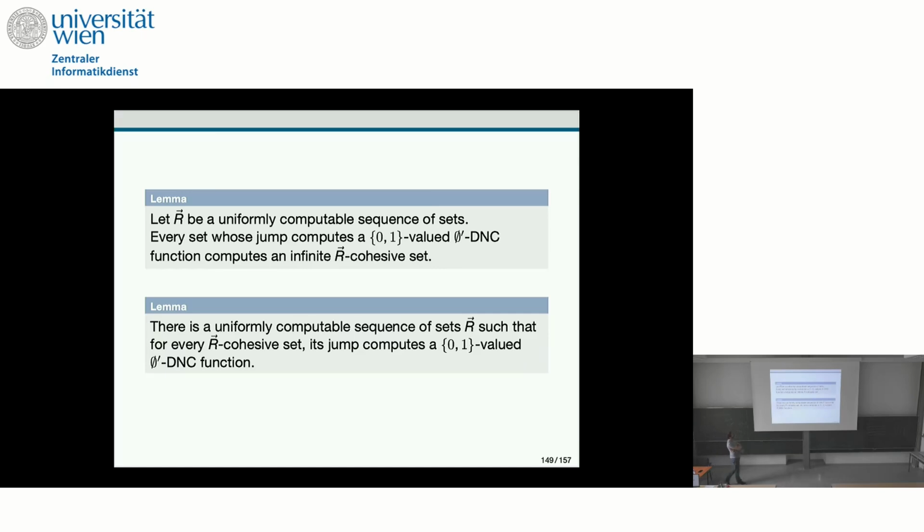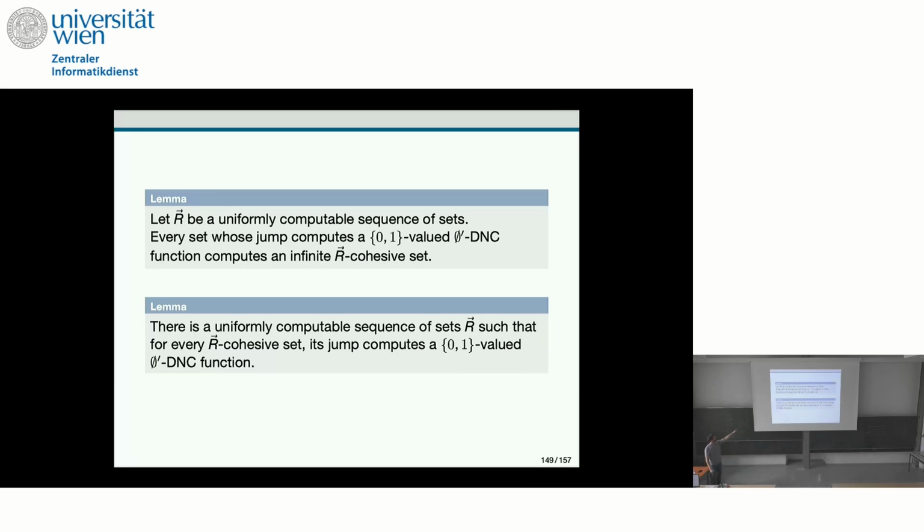And there exists a computable instance of Co so that the valid decisions are exactly the 0-1 valued DNC functions relative to 0', which means that for every solution to this instance, the jump computes a 0-1 valued 0' DNC function.